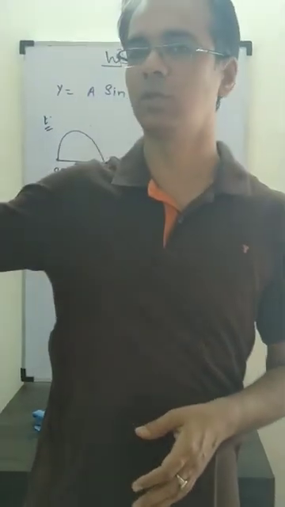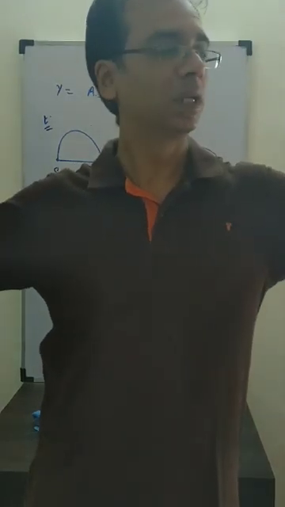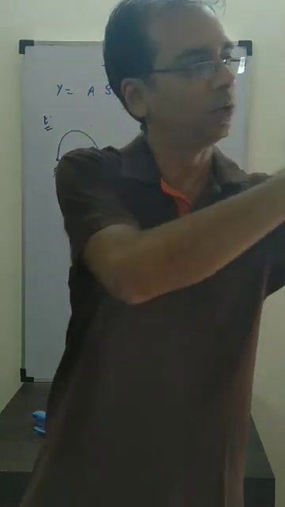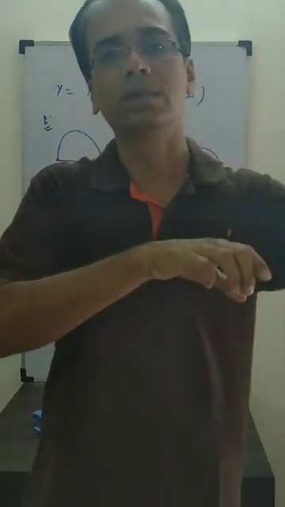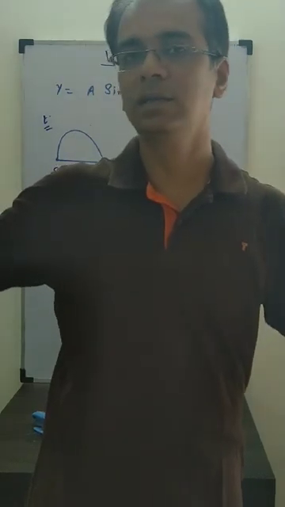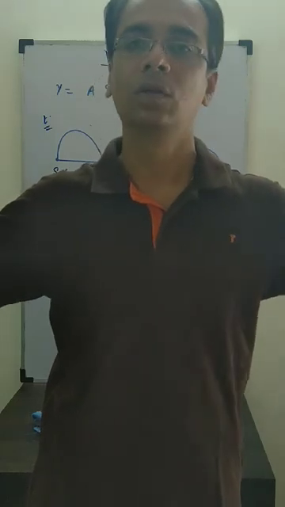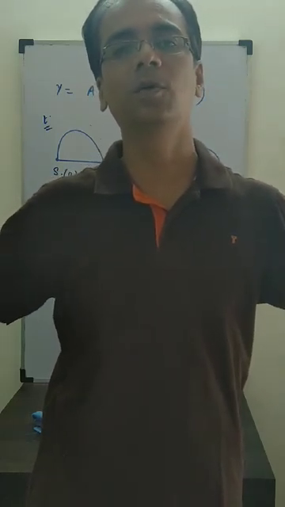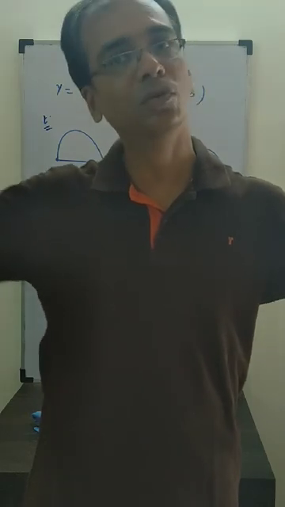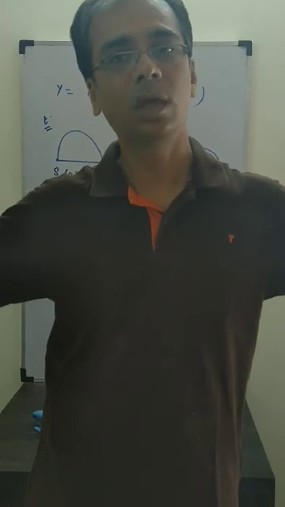If this is the source, it started moving in this way. To reach this point, the energy has to move from this point to this point, and only then will it start moving. This is the source, it started early, but this point will start after some time. Though both are going to do the same kind of motion, it takes a certain time for energy to move from the source to the other point.